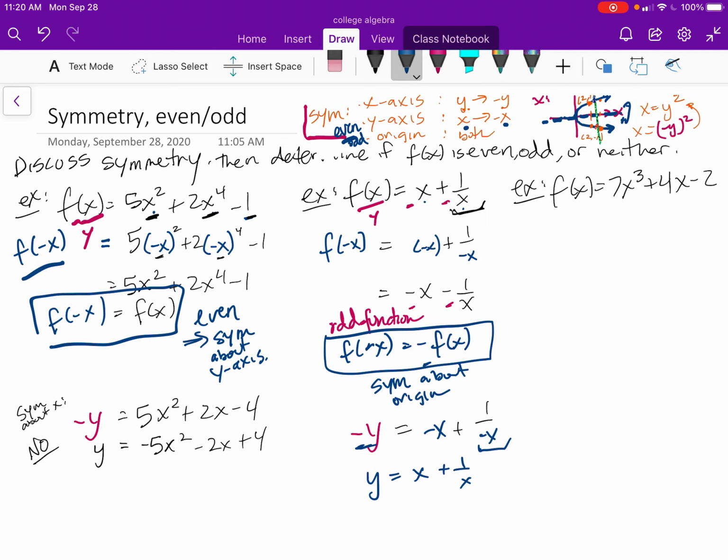One thing we didn't talk about: what does that look like? Symmetry about the origin is kind of a weird one, but if you picture y equals x to the third, that is an easy one to picture. So every point over here, let's say, it is symmetry about both axes.